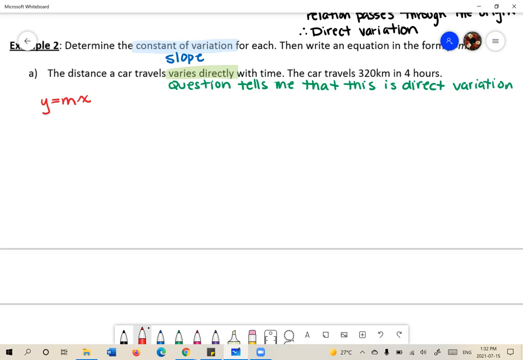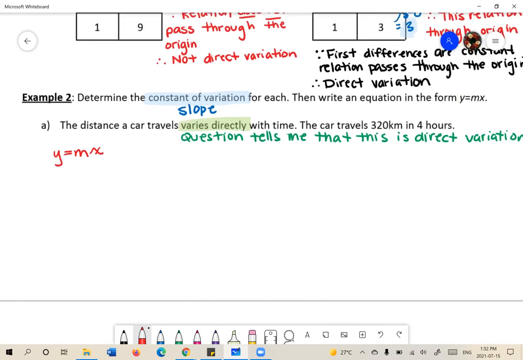Now we're given the independent variable and the dependent variable. Remember that the independent variable is your x and your dependent variable is your y. Let's identify them in the question. We have distance and we have time.